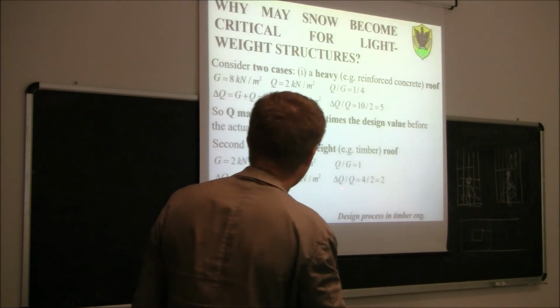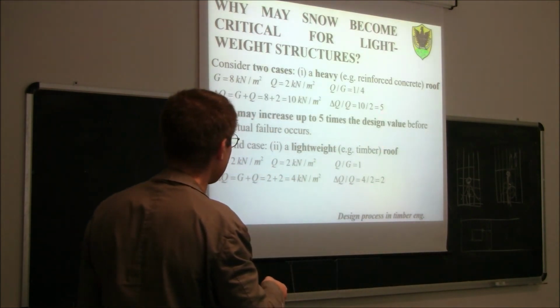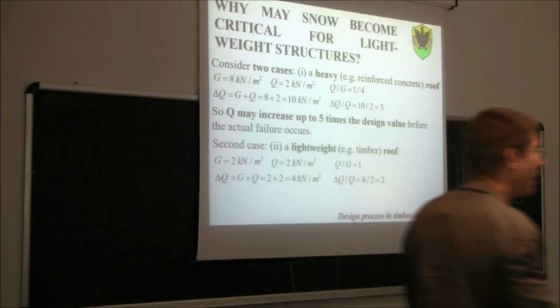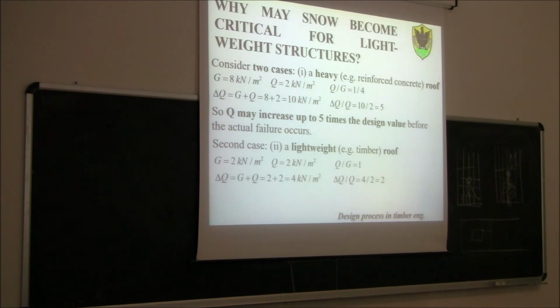So delta Q over Q, you see this time, rather than having a factor of 5, we have a factor of 2. So when we design a lightweight roof, we have a safety coefficient with respect to, let's say, an exceptional snowfall of only 2, no longer 5 like before. So it means that if you have a heavy snowfall, up to 4, we get to the failure.